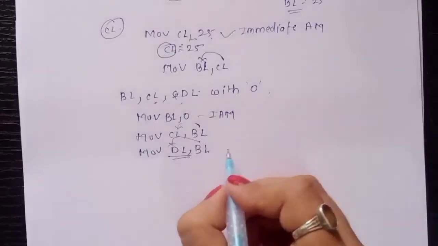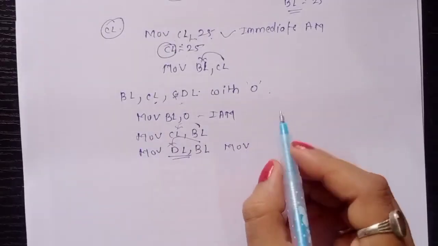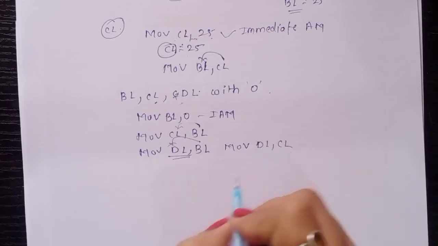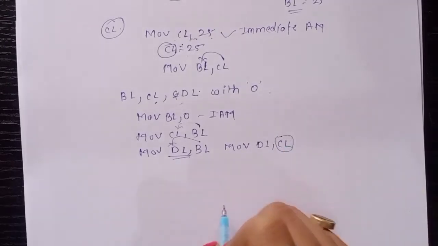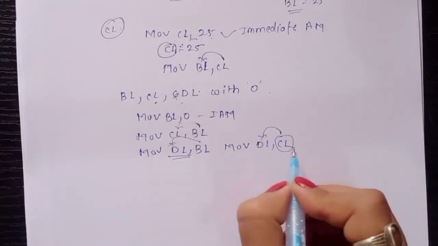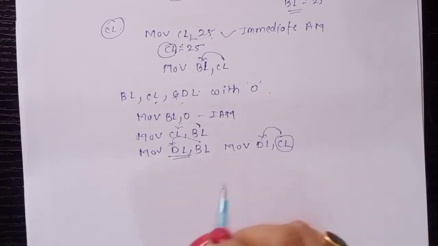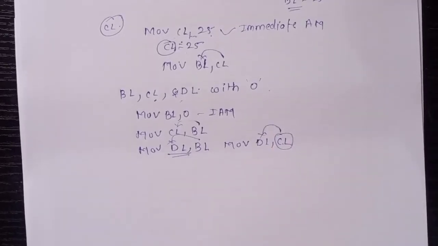Here you can also write MOV DL, CL, because CL is also initialized with 0. So you can pass on the value of CL into DL instead of BL. So what will be the advantage? I don't need to get the data from a memory location.